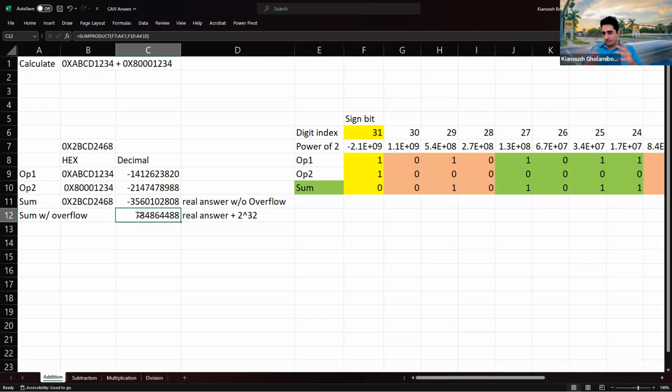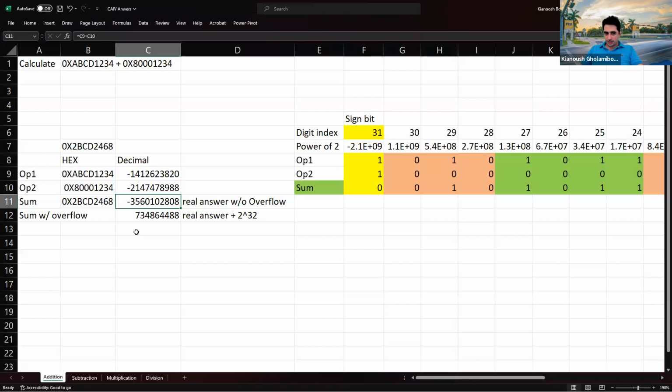So the computer hardware fails to give you the correct answer, but the answer is not any random number. The positive number is 2 to the power of 32 higher than the real answer. So if you want to get the real answer, you need to subtract 2 to the 32 from this number, and you get to this number.